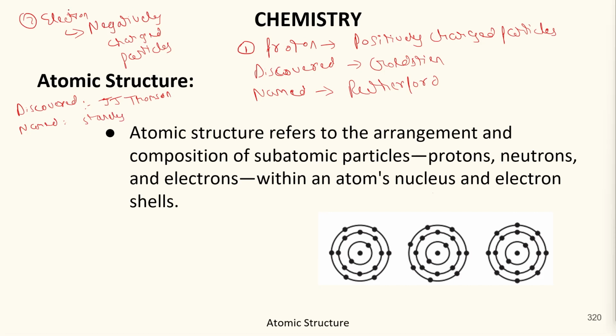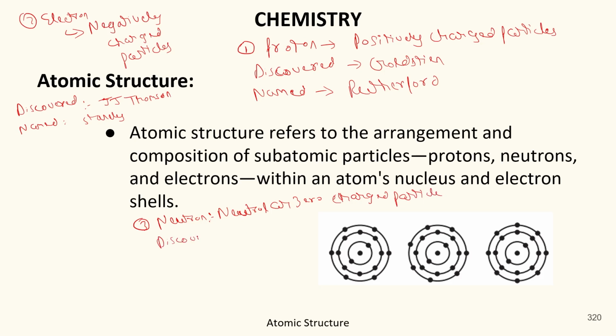Got it? Thereafter, the third and the final one is the neutron, which is a neutral or zero charge particle. It means the neutron has no charge.